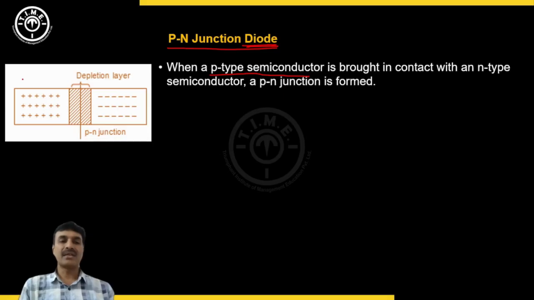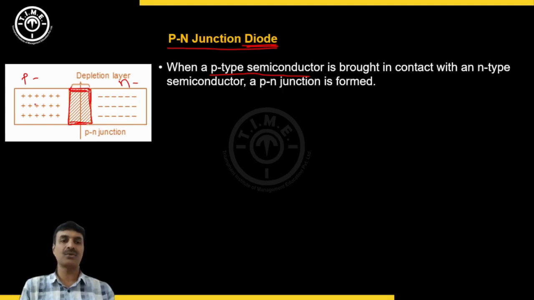On the left side you have P-type material, on the right side you have N-type material. But at the junction, recombination of holes and electrons takes place in this region. Therefore, this region becomes a region with no mobile charges. This region is depleted of mobile charge carriers.